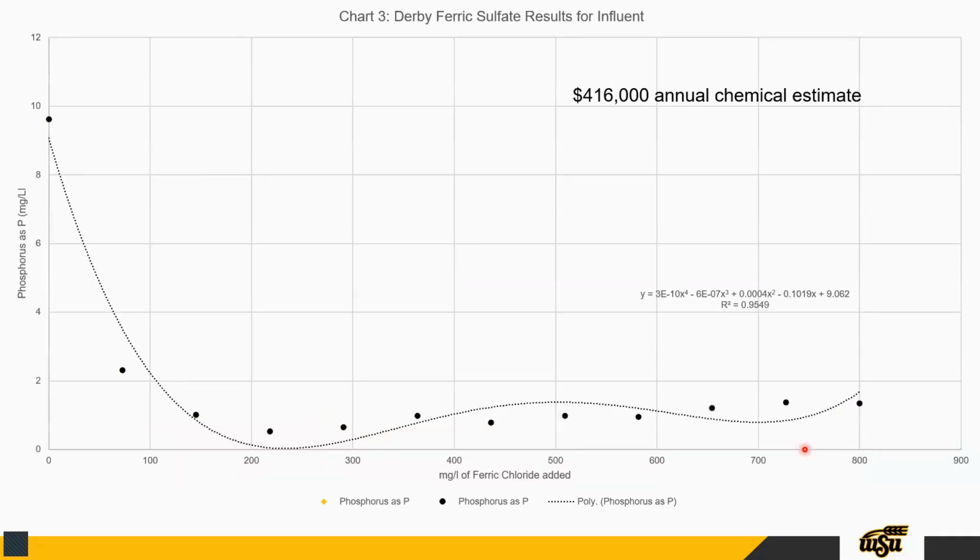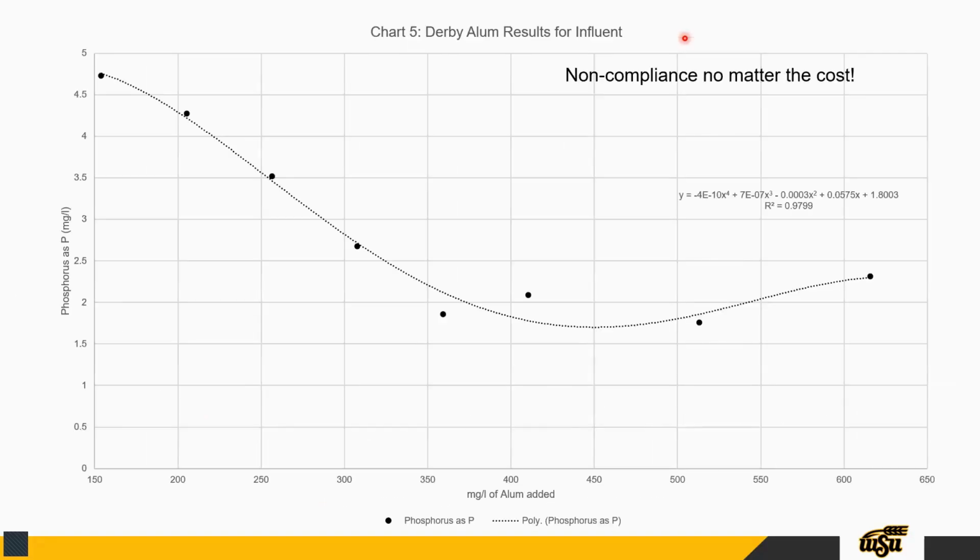We also found, and I wanted to get some takeaways here, so this is at Derby. This is the actual test results. We saw that dosing their influent was a little over $400,000, and that was with ferrous sulfate. I believe the Arkansas River there has a chloride impairment, so we didn't use that.